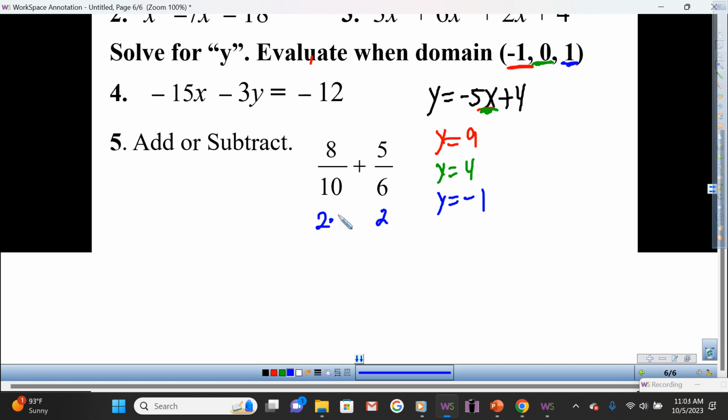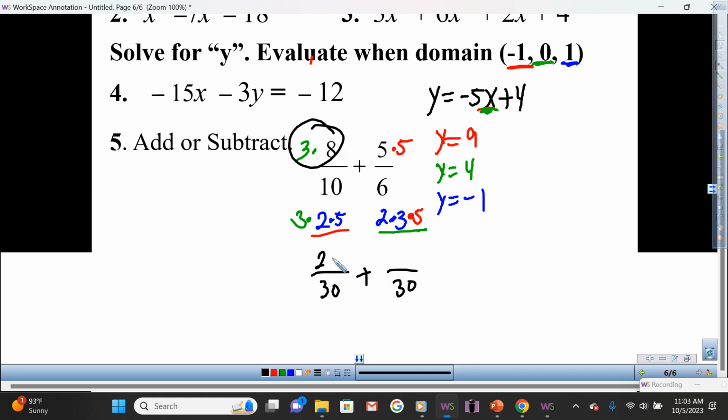So 2 times 5 and 2 times 3. So far so good. What does this one have that this one needs? The 5, so we multiply times 5, top and bottom. What does this one have now that this one needs? The 3. Therefore, my common denominator, 2 times 5 is 10 times 3, that's 30.